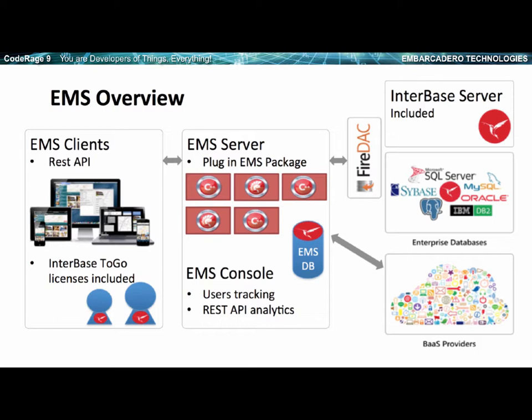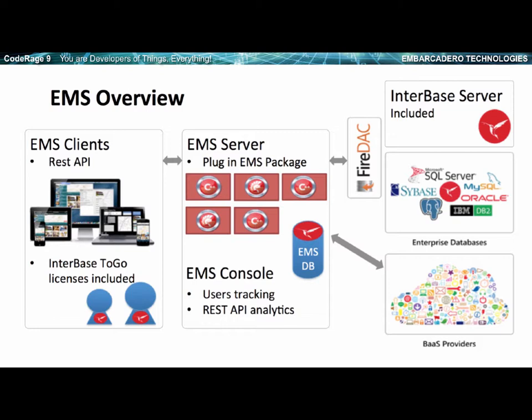But speaking of the clients, this is the other part of EMS, which includes the Interbase to Go database, the secure embedded database. And using the REST APIs and the backend as a service components, you access these middleware services through EMS. Today, I'm going to demonstrate, for example, creating a REST service that doesn't require logging in, so I just use the basic REST client for that.